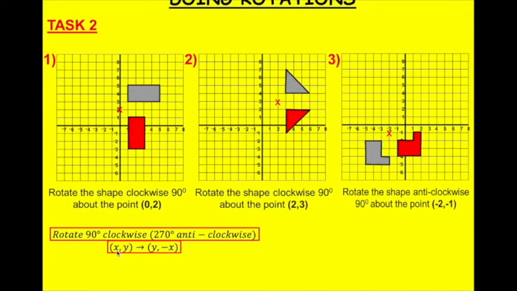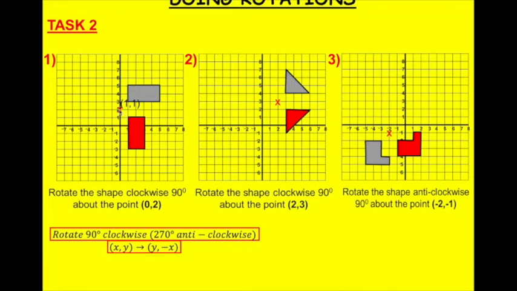So again, (x, y) becomes (y, -x). Let's take a look point by point. This point here is (1, 1). I counted from the center of rotation, which is (0, 2). So I move 1 unit to the right and 1 unit up.